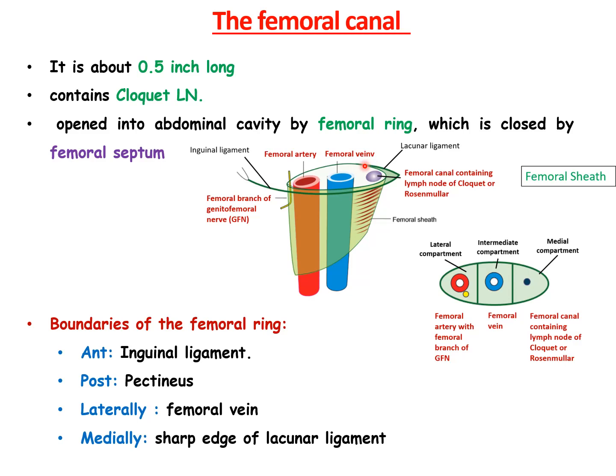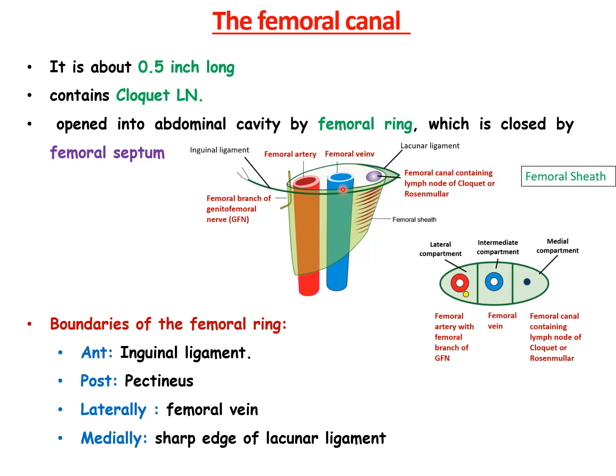This is the femoral ring as regards its boundaries. Anteriorly, this is the inguinal ligament, this part. Behind that is the pectineus muscle. Medially, you have a small part of the inguinal ligament which is called the lacunar ligament, and laterally you have the intermediate compartment of the femoral sheath, which is the femoral vein.